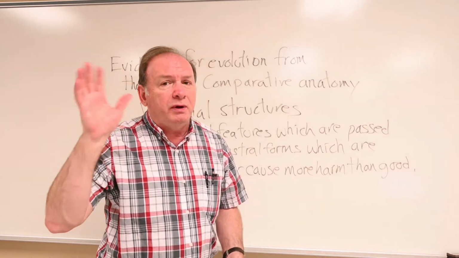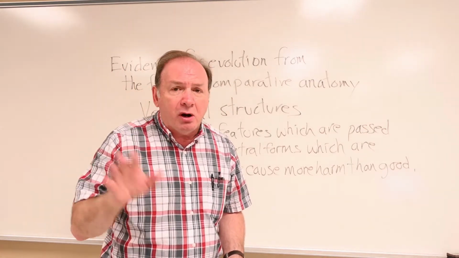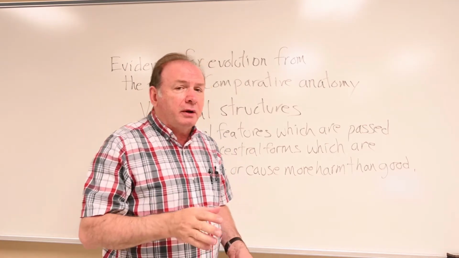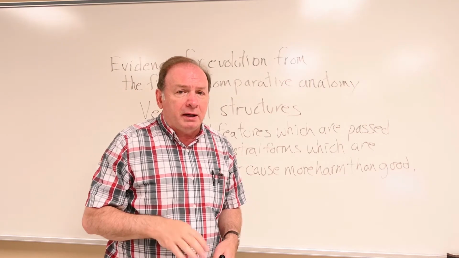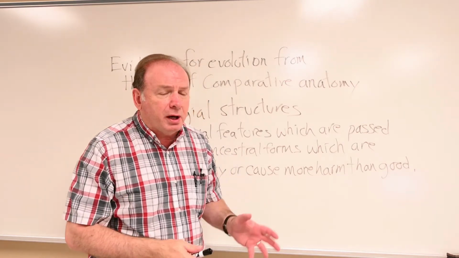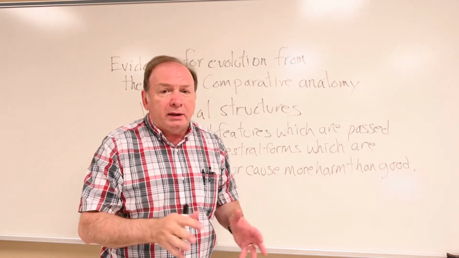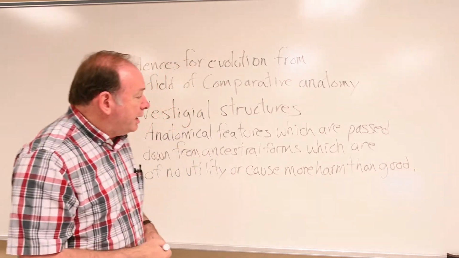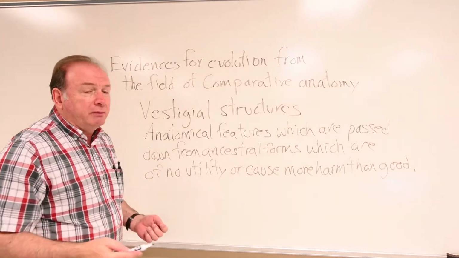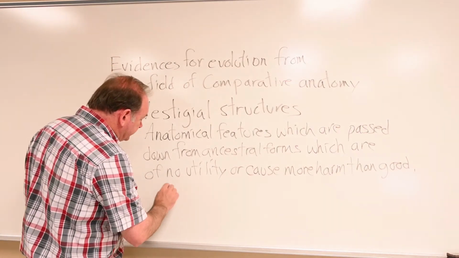That would be ear-moving muscles. That would move our ear, like a dog or a cat will move its ear, and other kinds of animals you're familiar with. Usually they have motility around their ear, and they can direct their ear one direction or another. But we can't do that. But we still have some of that musculature in our body. So that's an example of a vestigial structure in humans.